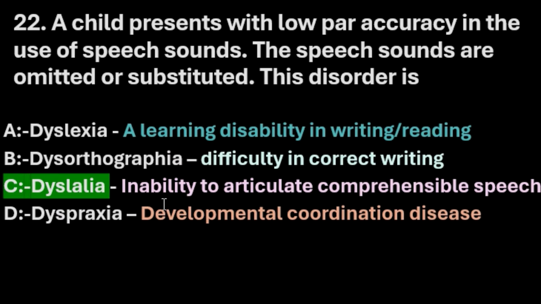Dyslalia is the inability to articulate comprehensible speech. So this is where the low accuracy in the use of speech sound happens due to the inability to articulate comprehensible speech. Dyslexia is a learning disability in writing and reading.